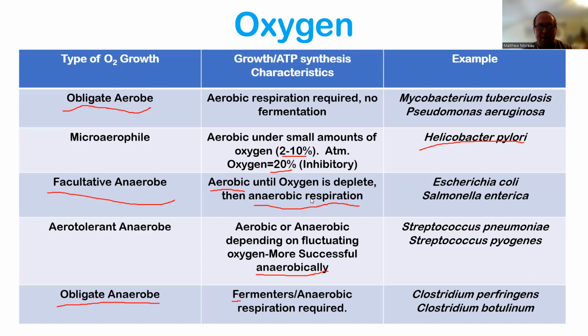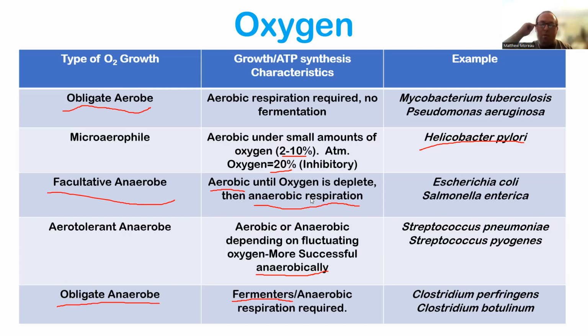These are, again, fermenters, just like aerotolerant anaerobes. These are predominantly fermenters. Some of the faster growing strains or species do anaerobic respiration. This is because oxygen is actually lethal to these. Oxygen and oxidative species are lethal to these bacteria.